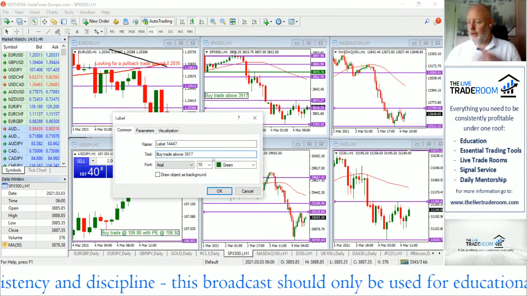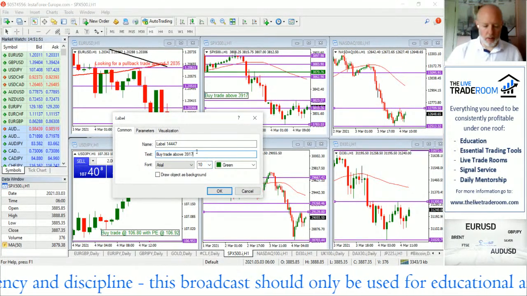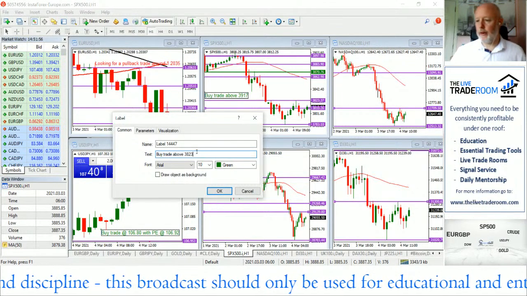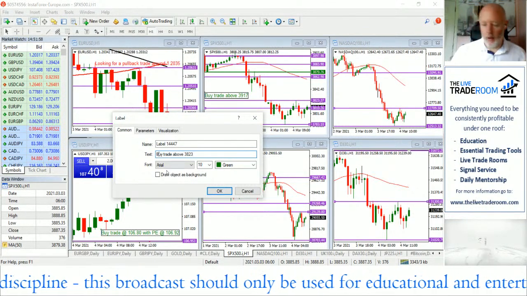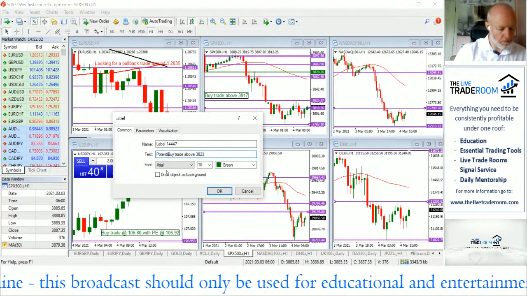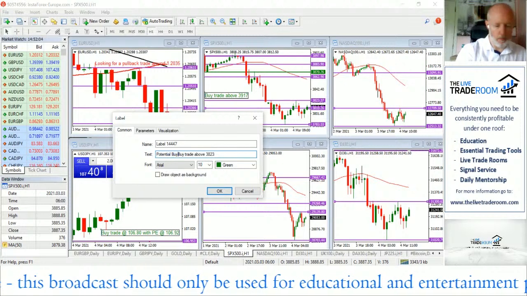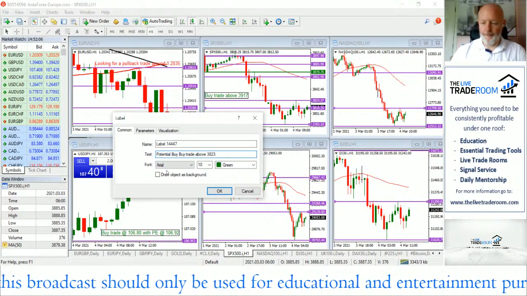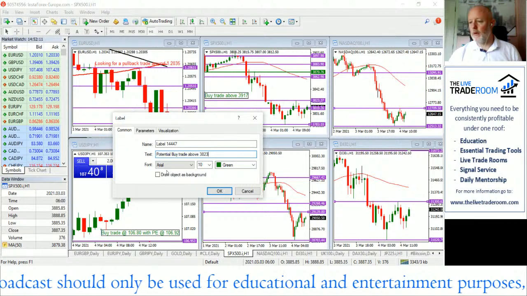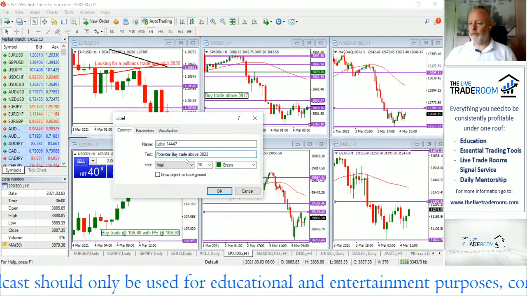So now we're at 38.23. So it's that structural failure trade.